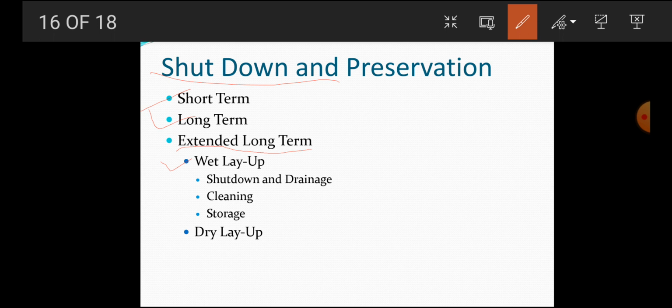This is divided into three categories. First is shutdown and drainage, then cleaning, and then storage. So for the first, shutdown and drainage: shut down all panel, burner, pump, and control switches.